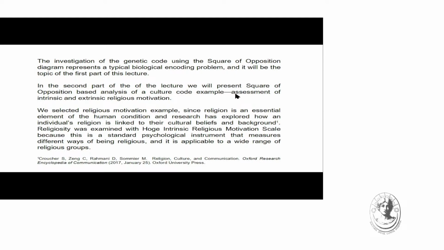We selected religious motivation since religion is an assessment of the human condition, culture, and it's linked to beliefs and background. We used the well-known intrinsic religious motivation scale, a standard psychological instrument that measures different ways of being religious, and it is applicable to a wide range of groups.